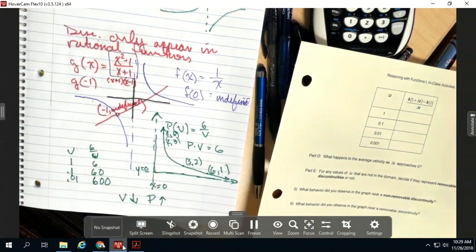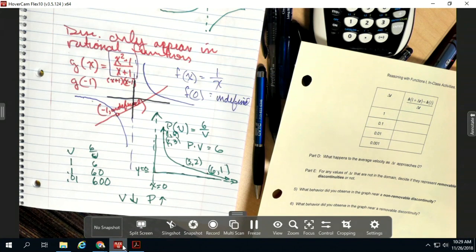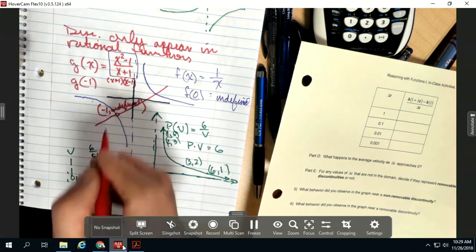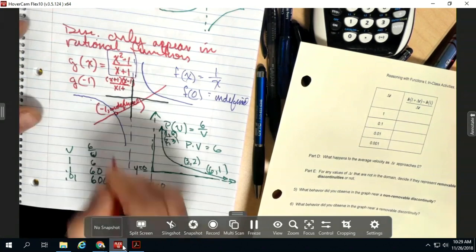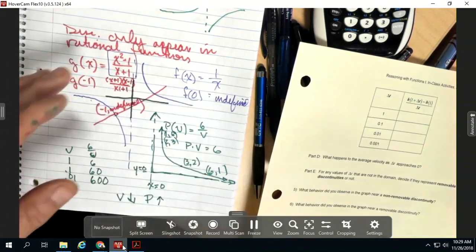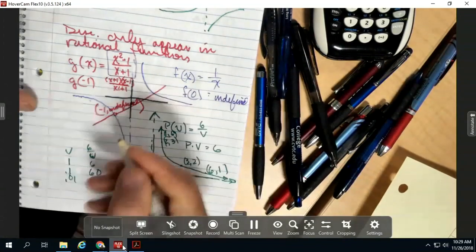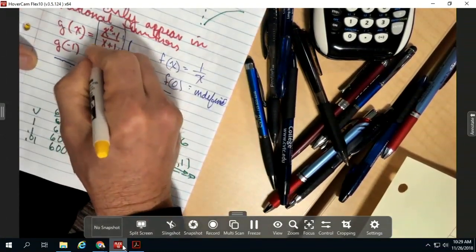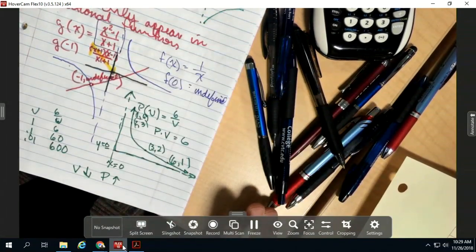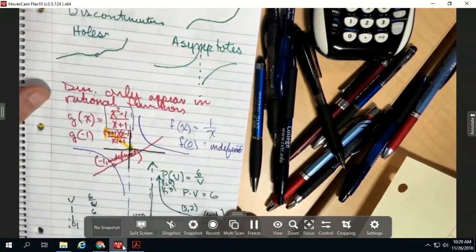What could we do with that function? So I factored the numerator, and I got x plus 1 times x minus 1. What's the denominator? x plus 1. What can I do with that function? Right? I can cross off.